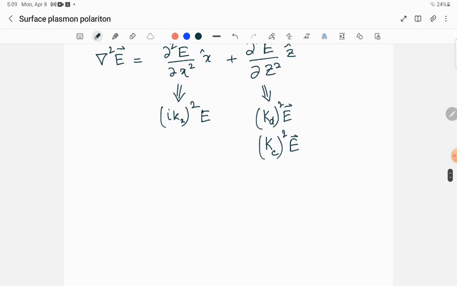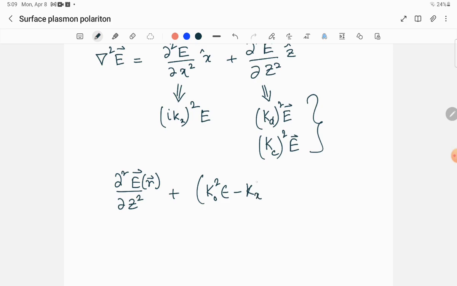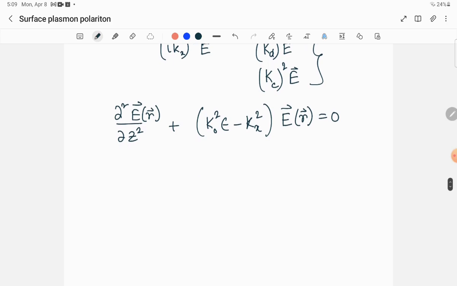So once we have all these, what we can write in a more general form, if we had not done this derivative, then it would have turned out to be, we still keep the z, so we have just substituted the derivative with respect to x by i kx, and then the y term becomes 0.